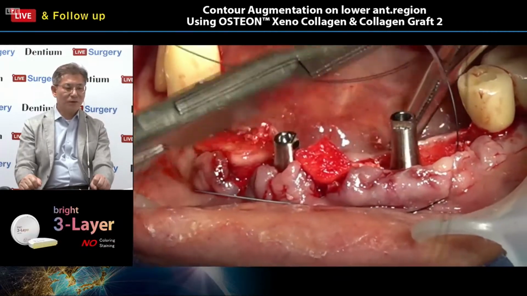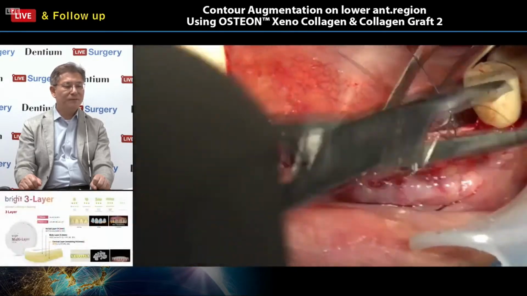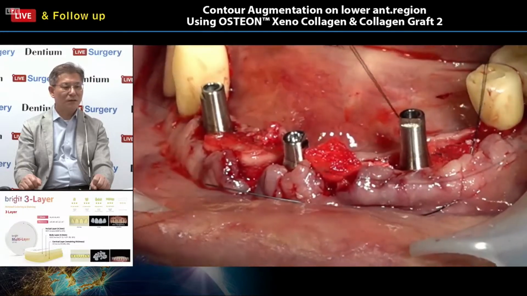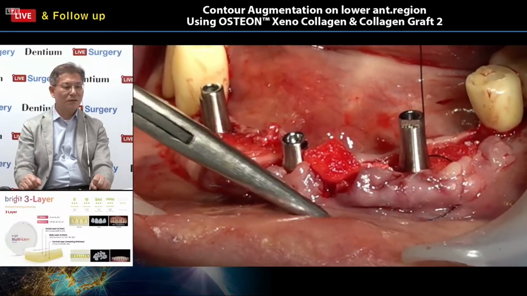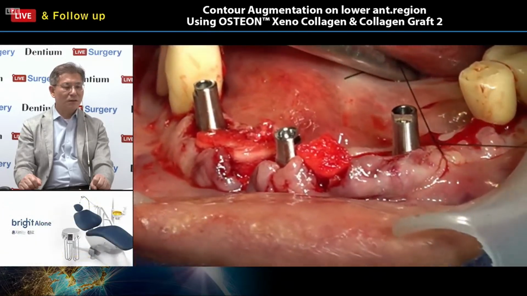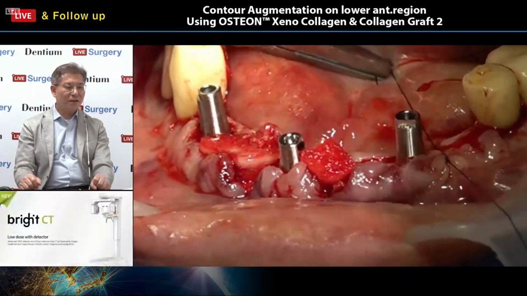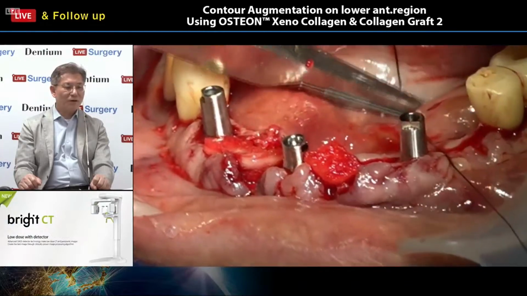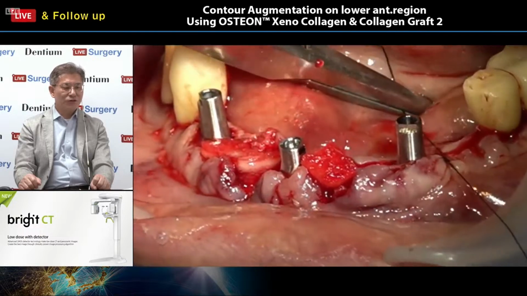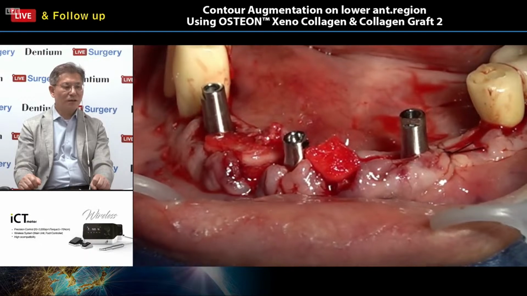That is the proper usage of this graft material. Okay, and this area is already a healed site, so primary closure is easier and achieved by simple interrupted sutures, right?